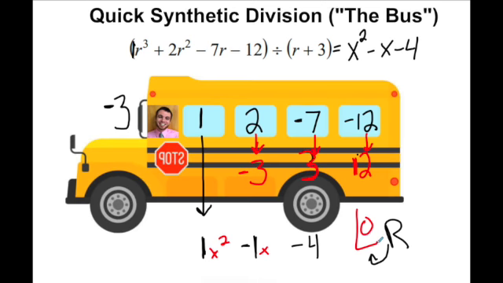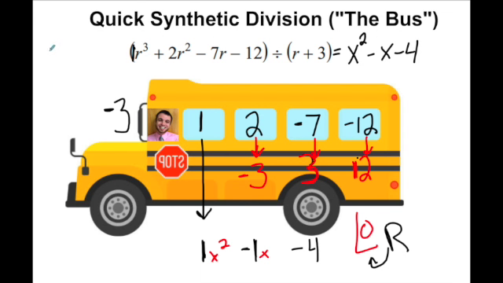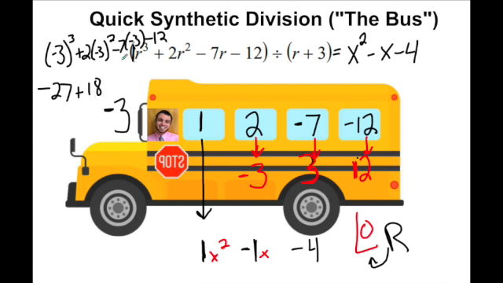And here's another cool thing. What if I plug -3 into this equation? I get -3 cubed plus 2 times -3 squared minus 7 times -3 minus 12. That's -27 plus 18 plus 21 minus 12. -27 plus 18 is -9, -9 plus 21 is 12, and notice how 12 minus 12 is 0.